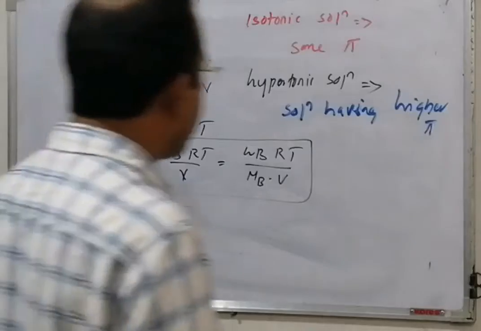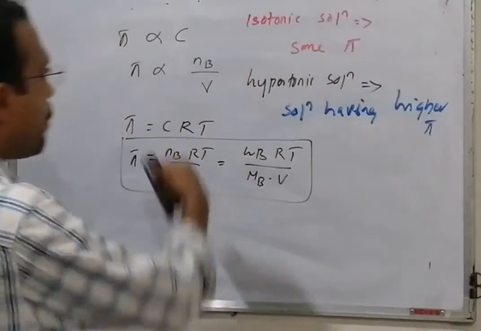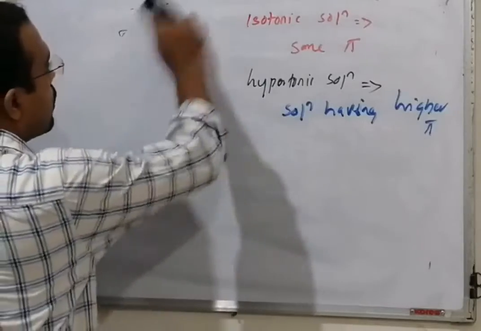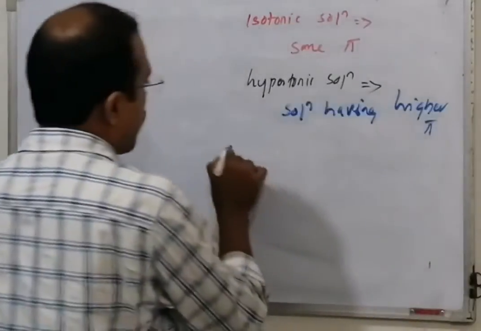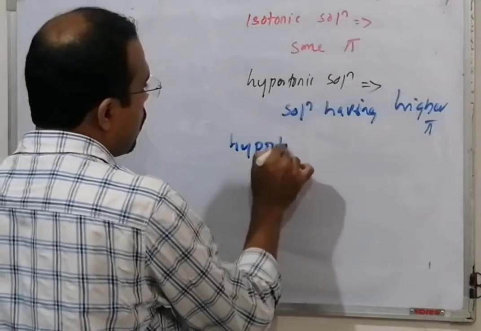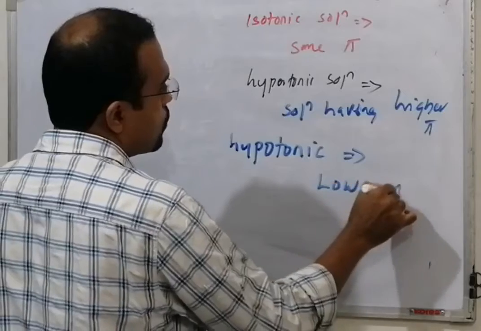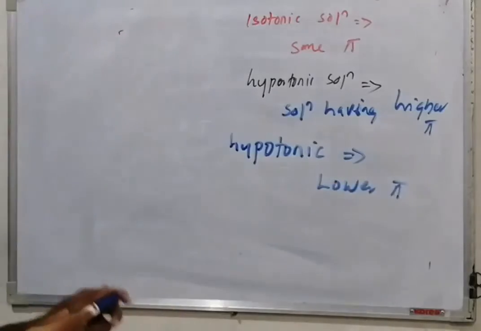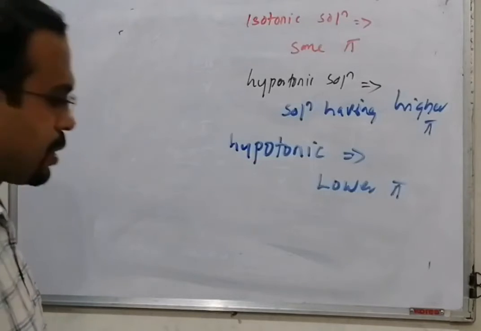Then hypotonic, another one, that is lower osmotic pressure. Therefore, same osmotic pressure, higher osmotic pressure, and lower osmotic pressure.